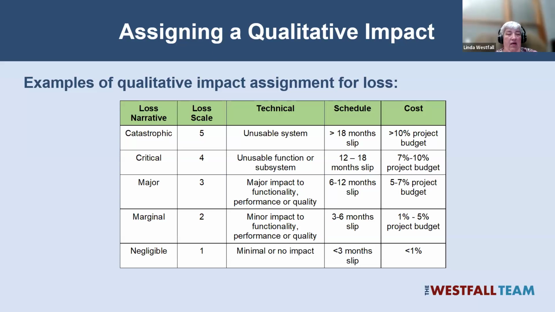If any of them are 5s, then we call it a 5. If any of them are 4s, we call it a 4, but if we have no 5s, etc. So we always go to the worst case, but it gives you some kind of range, some kind of guidance for assigning a qualitative value to the risk.